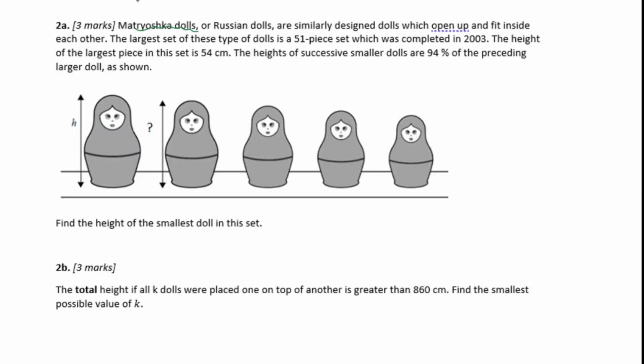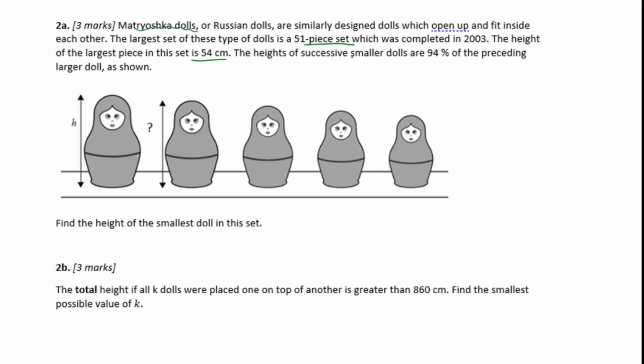Russian dolls are similarly designed dolls which open up and fit inside each other. The largest set of this type of dolls is a 51-piece set, which was completed in 2003. The height of the largest piece in this set is 54 centimeters.